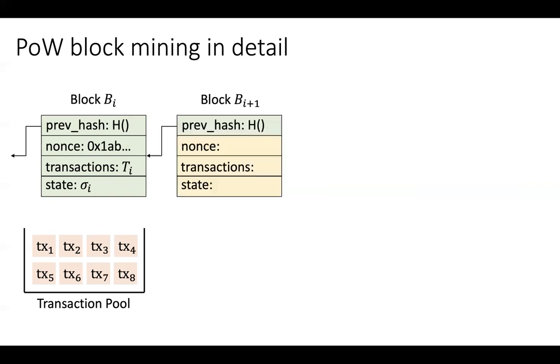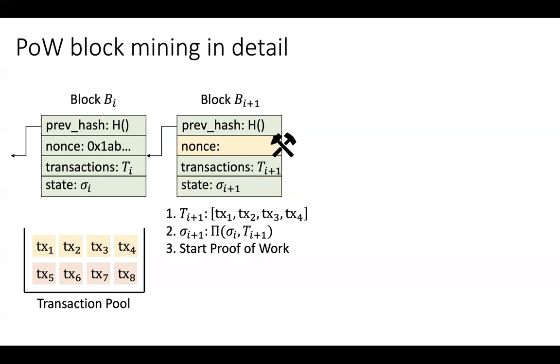Then, to mine the next block, the miner creates a new block structure that points to the previous block. The miner selects a set of transactions here, tx1 up to tx4, computes the updated state sigma i+1. And once all of these are complete, the miner starts proof of work.